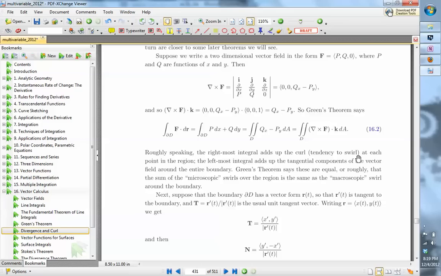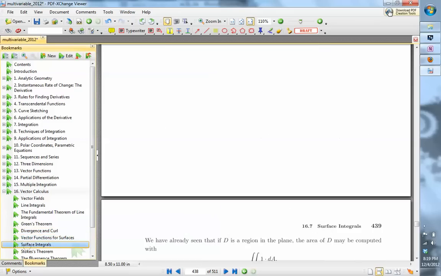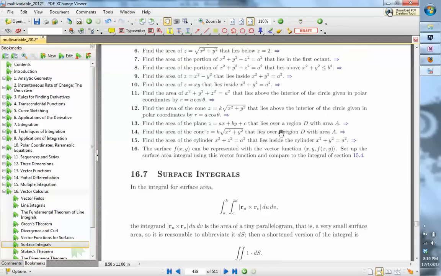Okay. Next. I have a question on 16.6, number 11. I'm just having a hard time with, when I get to my integral, solving for it. So what are we doing? Surface area in this problem? Yeah. Okay.